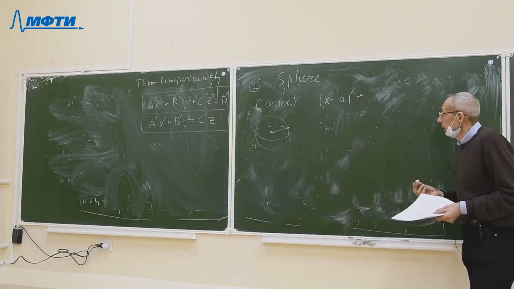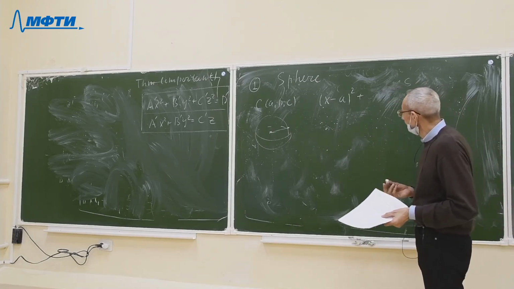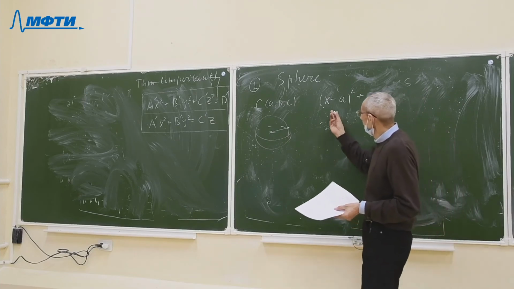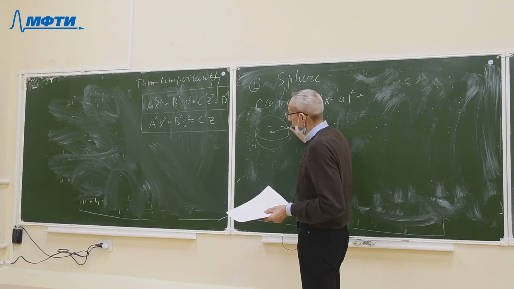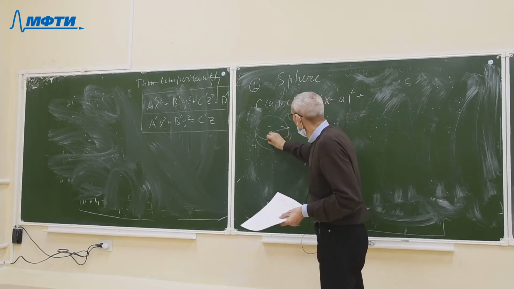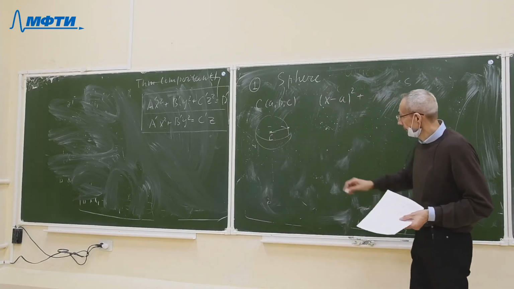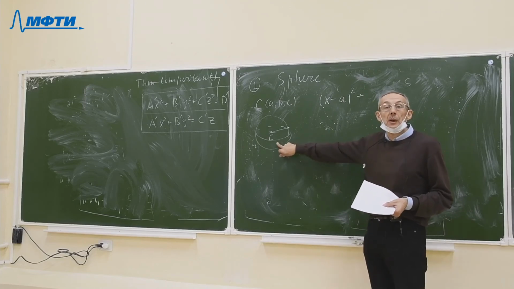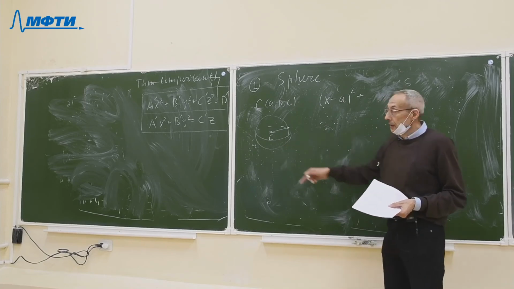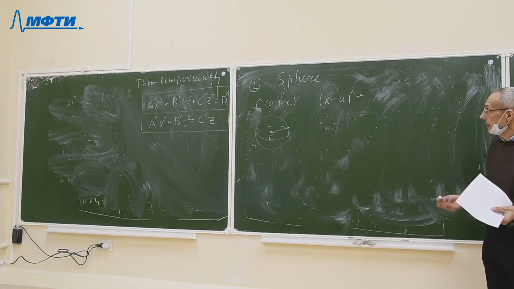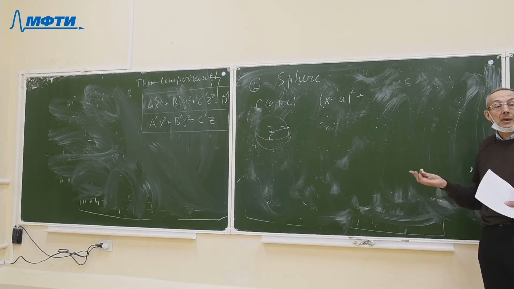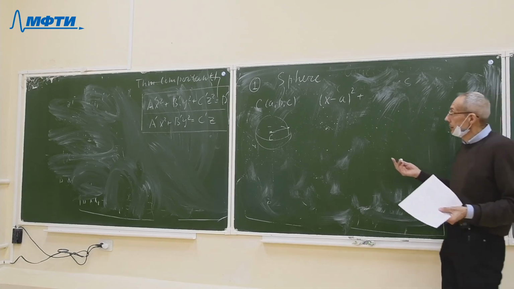I recall that the vector has as its endpoint an arbitrary point of the sphere, and the other point, the origin of this vector, is C. And the distance is equal to the length of this vector.